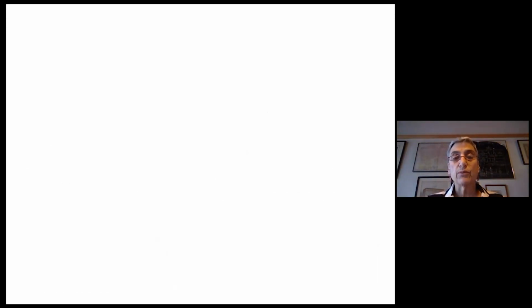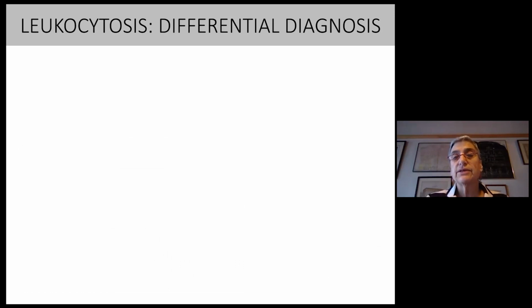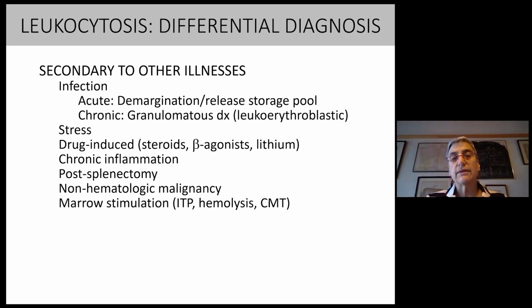Okay, so then I'll move on to leukocytes. So the differential diagnosis of leukocytosis, as I told you in an earlier lecture, is that most leukocytosis that you will see is secondary to other illnesses. It can be related to infection or stress or certain drugs. It can be reflective of chronic inflammation.